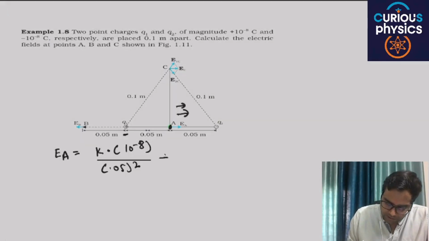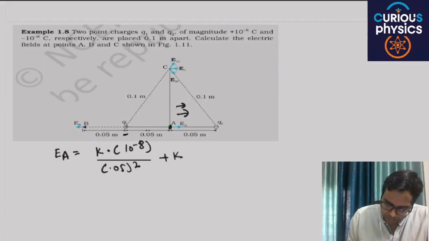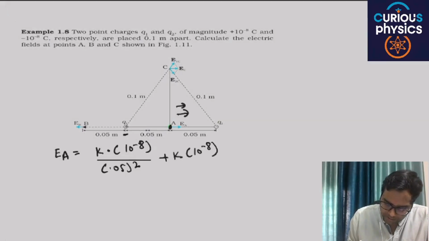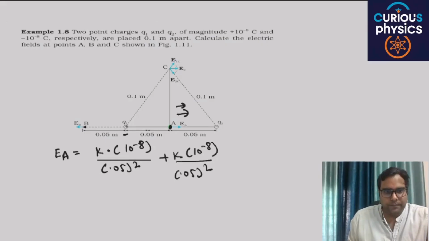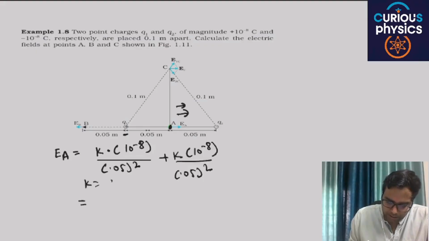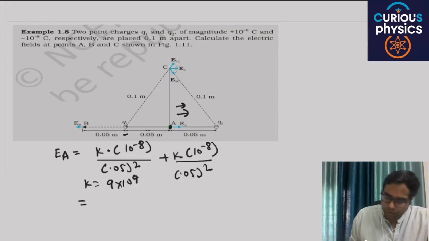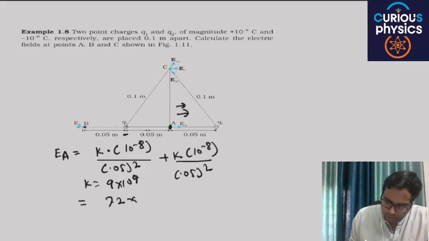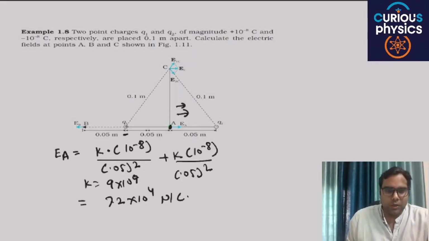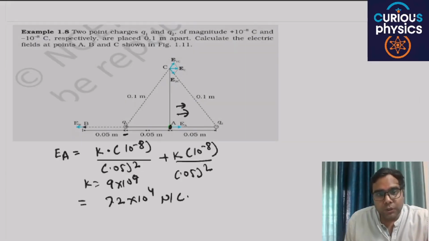In place of K we put 9 into 10 raised to power 9, and at point A you will get your answer as 7.2 into 10 raised to power 4 Newton per Coulomb. Always remember the units.